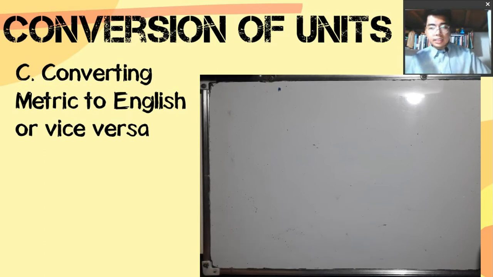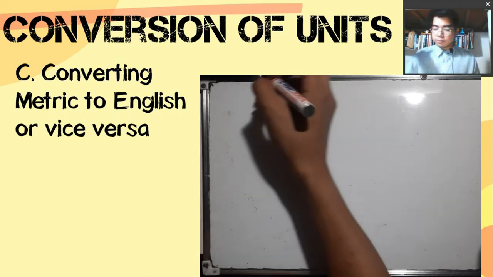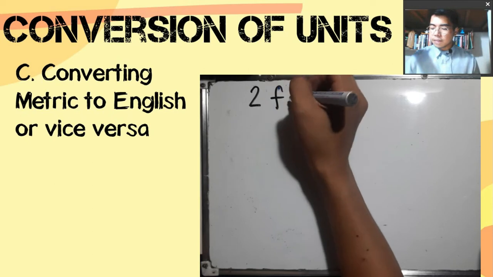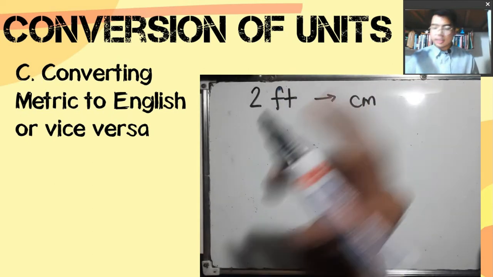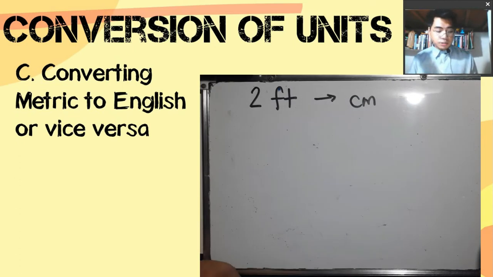Now, let's have letter C, number 1. How are we going to convert 2 feet to centimeters? When it comes to this conversion, we can actually tell the following terms.